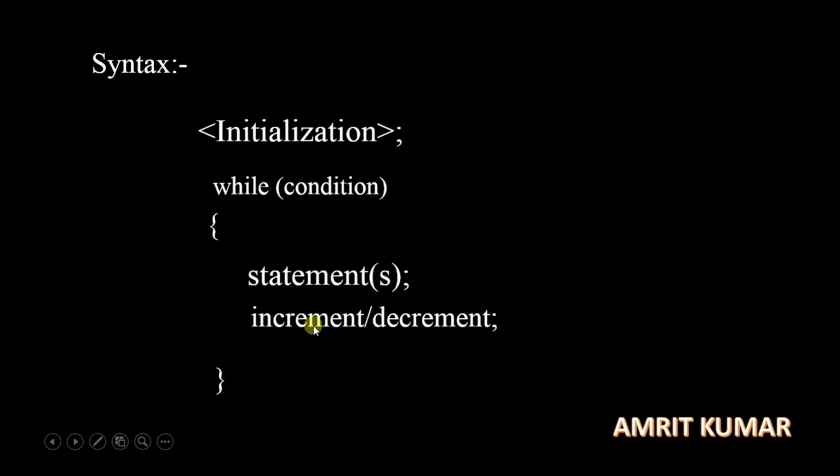And here is the increment and decrement operator, which we told you about in the increment and decrement operator topic. It helps make the loop go again and again till the given condition becomes false, and after that it is out of the loop. This is the syntax that works in C language.